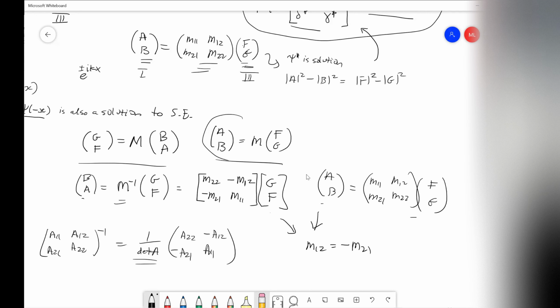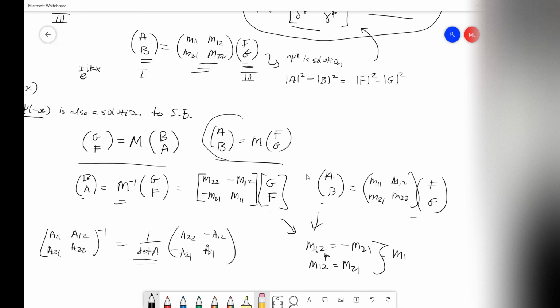but we also know that these off-diagonal ones are complex conjugates of each other. So we also have that M12 star is equal to M21. And the only way that this is possible, where they're complex conjugates of each other and they satisfy this relationship where they're negative with respect to each other, is if they're pure imaginary. That's the only way.